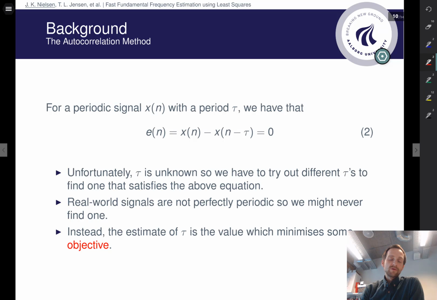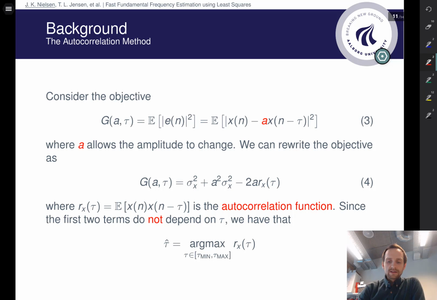Real-world signals are not perfectly periodic, so we might actually never find a tau that will solve equation 2. So instead, we formulate some kind of objective function or cost function, and then we try to minimize that. Let's look at the objective function in equation 3.